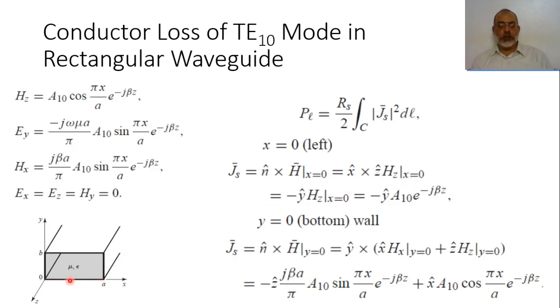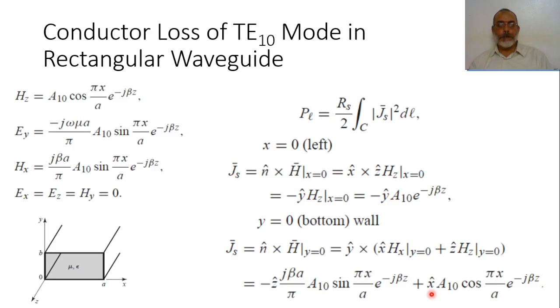Now, if I'm talking about the plane y equals 0, which is the bottom wall, J surface would be the normal, which is y, cross the magnetic field. The magnetic field here has two components, Hx in the x direction plus Hz in the z direction. Y cross x would be in the z direction and y cross z would be in the x direction.